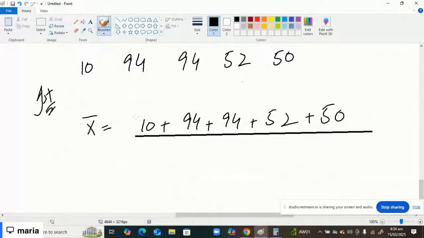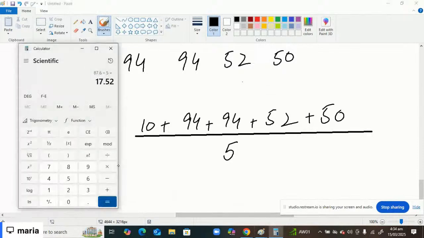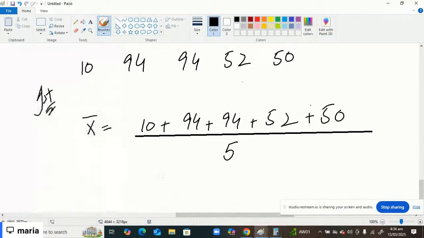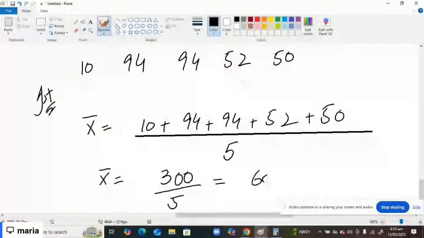Okay, and how many values? 1, 2, 3, 4, 5. Let's add. So 10 plus 94 plus 94 plus 52 plus 50 is 300, divided by 5. So the mean is 300 divided by 5, and that is 60.